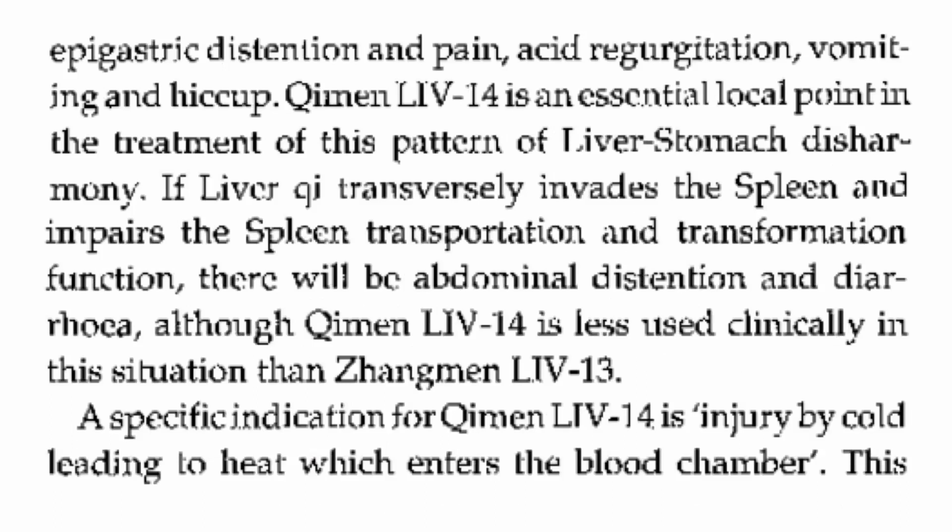Liver 14 is an essential local point in the treatment of this pattern of liver-stomach disharmony. If liver qi transversely invades the spleen and impairs the spleen's transportation and transformation function, there will be abdominal distension and diarrhea, although Liver 14 is less used clinically in this situation than Liver 13.